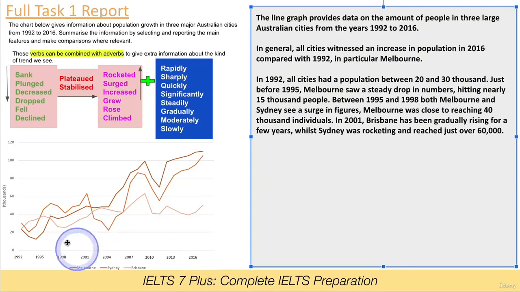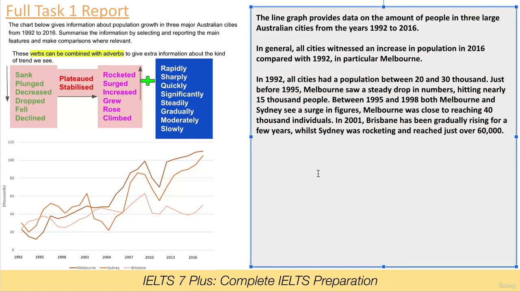Okay, let's round this up and take this to 2004, or maybe we could start that in the next paragraph. We'll have a read and see what we feel. So, in 1992, all cities had a population between 20 and 30,000. Just before 1995, Melbourne saw a steady drop in numbers, hitting nearly 15,000 people. And we're making sure that our numbers are okay.